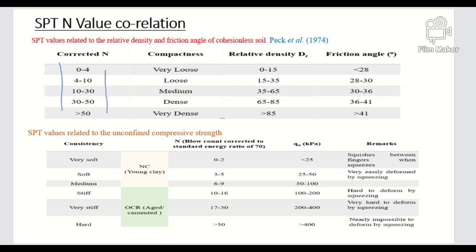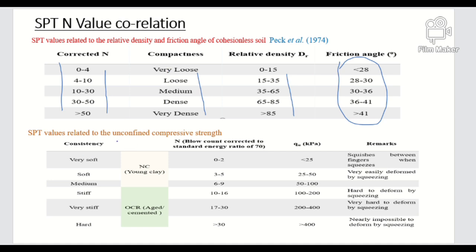So the soil condition goes from loose to dense, relative density goes from 0 to 85%, and friction angle also increases. All are increasing as the SPT value increases.